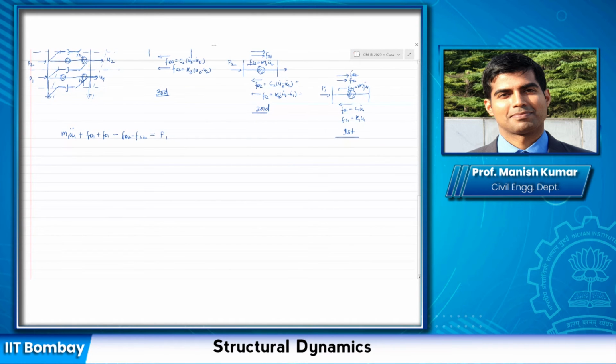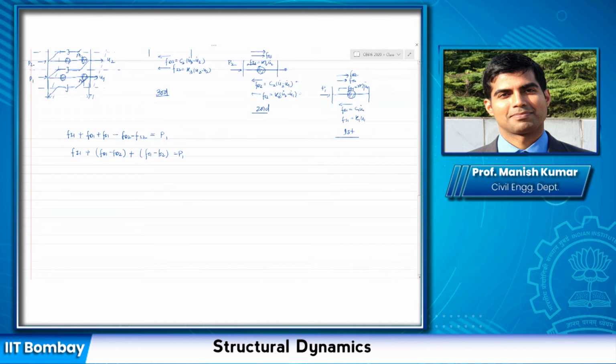P1. Okay, now in this case, let me first write down Fi1 here. So what I have here, Fi1 plus this Fd1 minus Fd2 plus Fs1 minus Fs2 equal to P1.